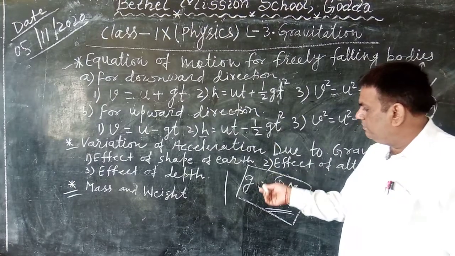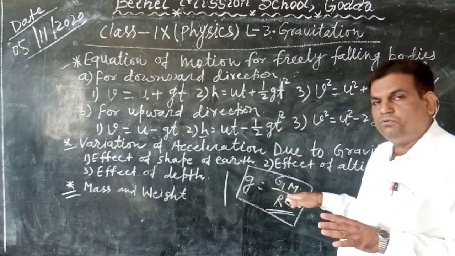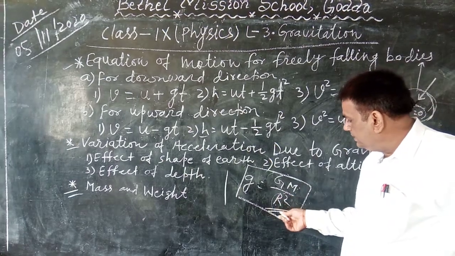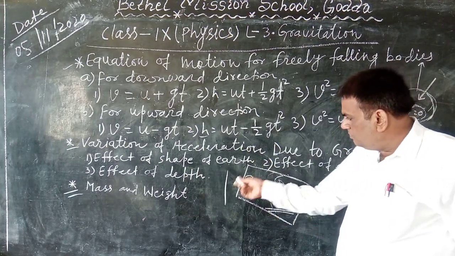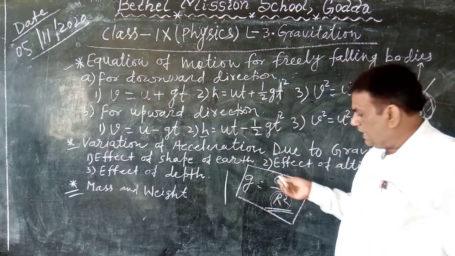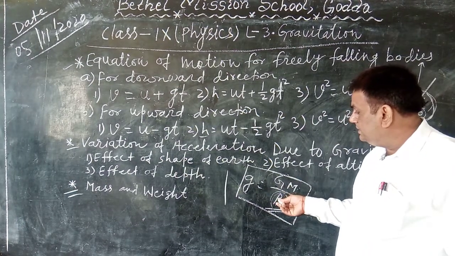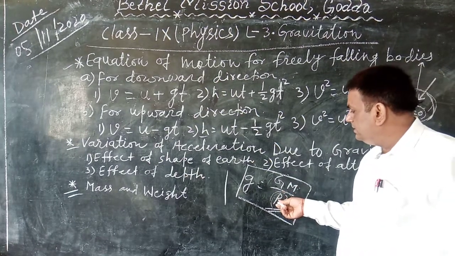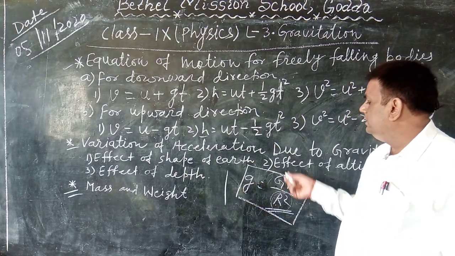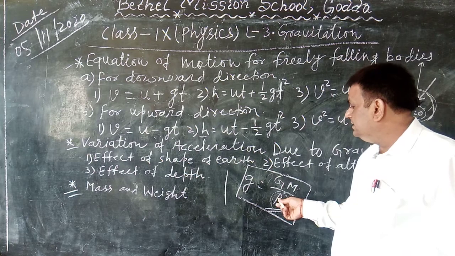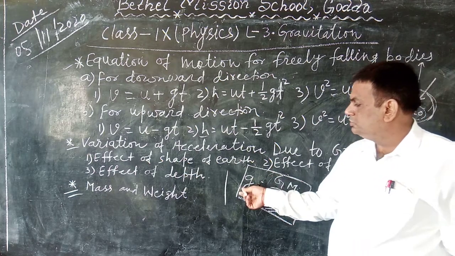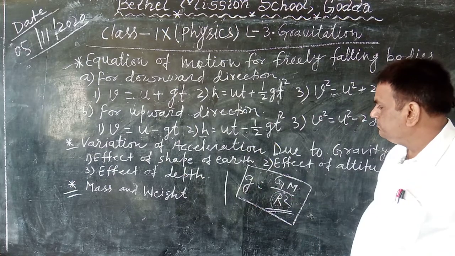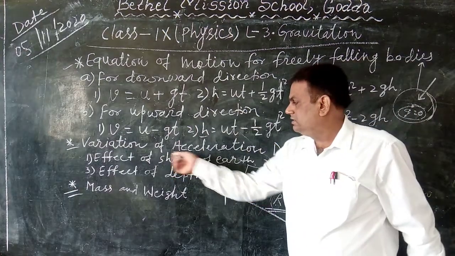So the value of g is maximum at the pole and minimum at the equator, because if the denominator decreases, the whole value will increase, and if it increases, the whole value will decrease. It means if R increases, the value of g decreases, and if R decreases, the value of small g, means acceleration due to gravity, will increase. So first is the effect of the shape.